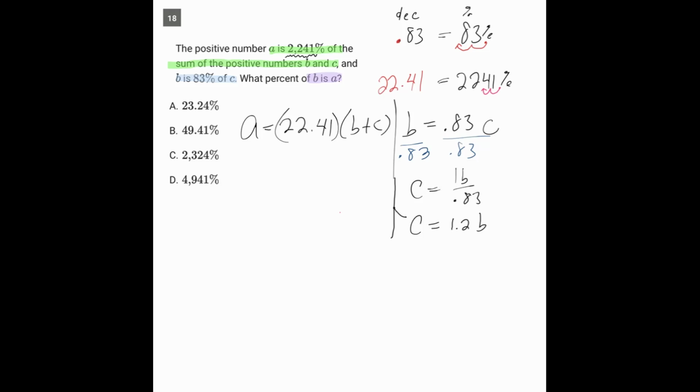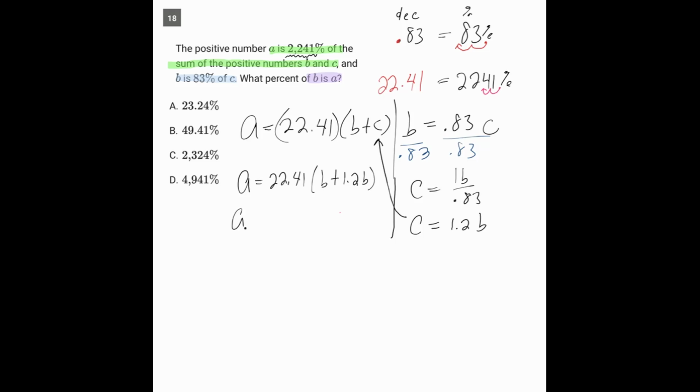Now we'll plug that back in where C goes here. So A is 22.41, B plus 1.2 and change times B. So we're taking that long decimal with the 1.2 and we're adding 1 to represent that 1B.